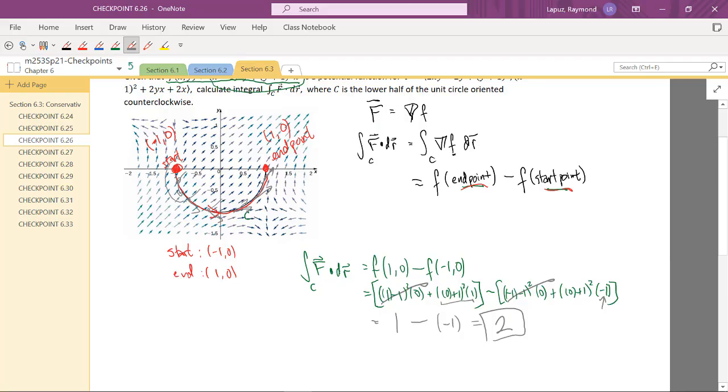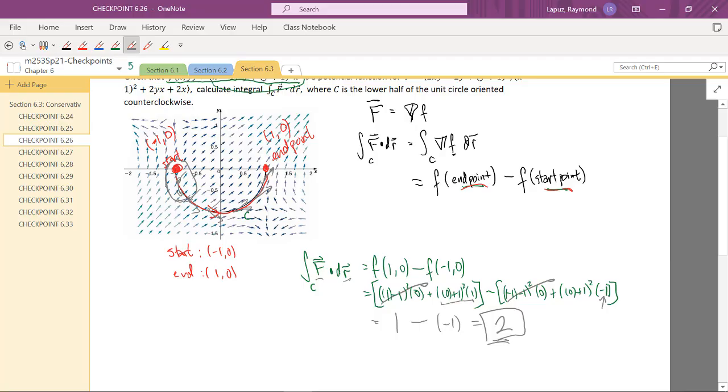So maybe except for here, the start point up to maybe a small portion here, where we have obtuse angles, but beyond that you have acute angles, and so the dot product of the vector field and those tangents will be positive, and so we're going to get a positive result.